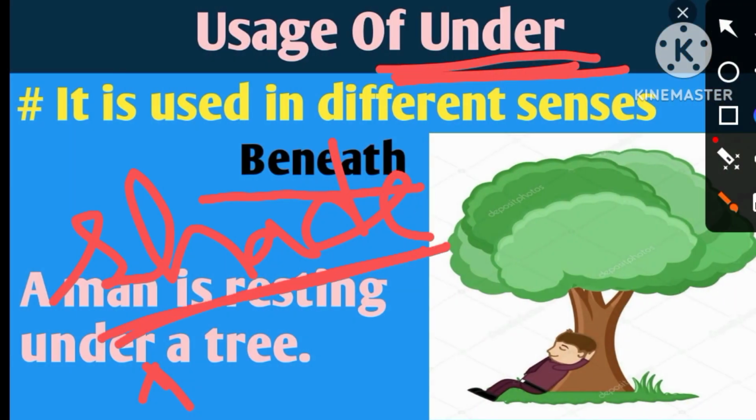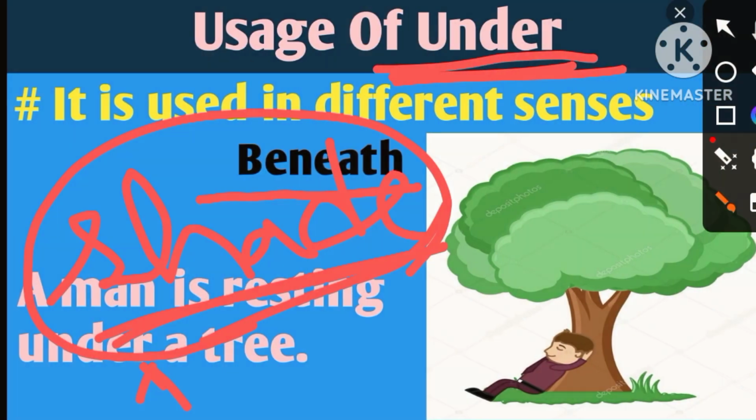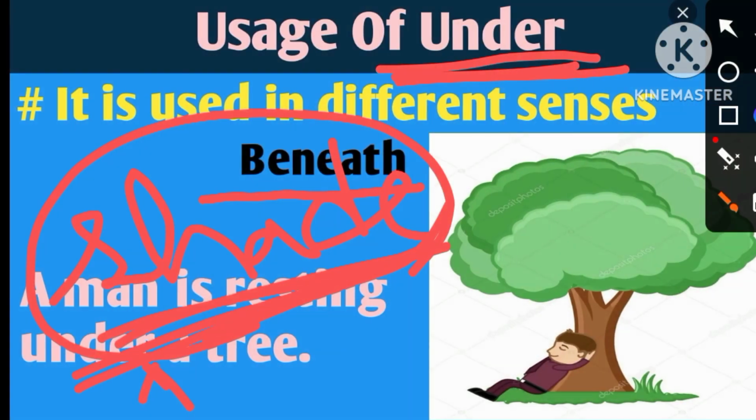It is called superfluous. Under the shade is not a position. It may be under a tree, or you can say in the shade of the tree, but you cannot say under the shade of a tree. My dear friends, sometimes we make mistakes, and this is called superfluous in the English language, which is treated as an error.